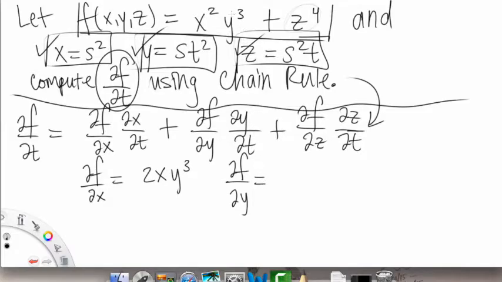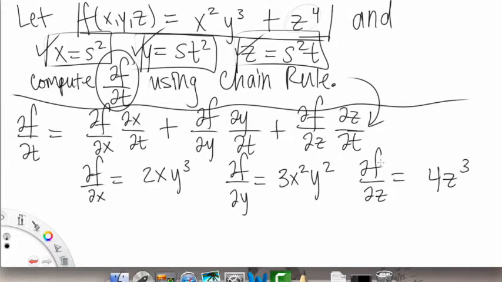If we're considering y as the variable, we get a 3x squared, because that 3 comes down in front, and then a y squared is left over. And then the z term, again, goes away. And finally, partial f, partial z is going to be, the xy term goes away, so we just get a 4z cubed.